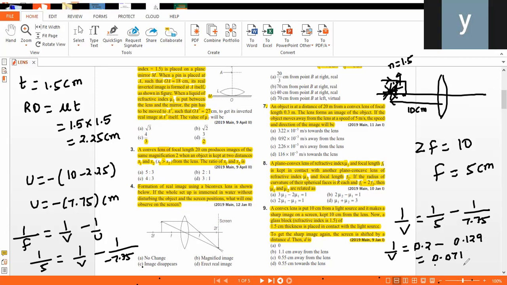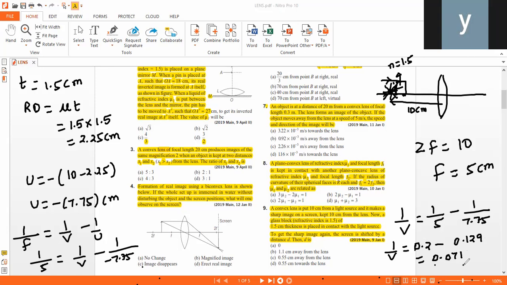So V is equal to how much we got? 14.084.